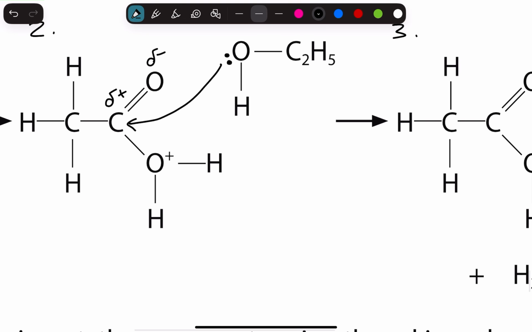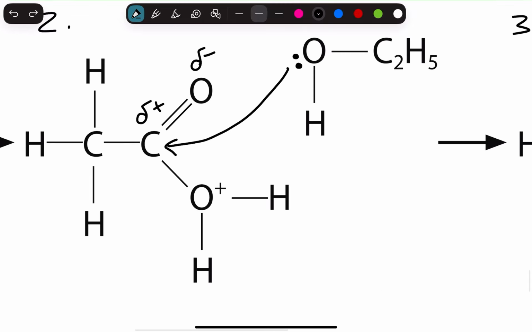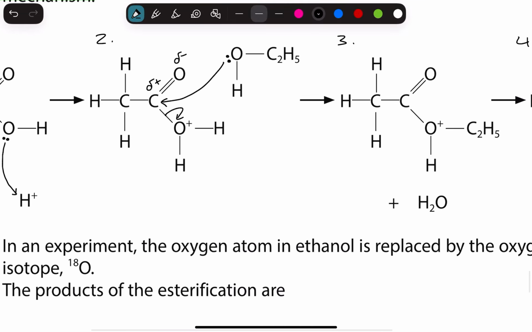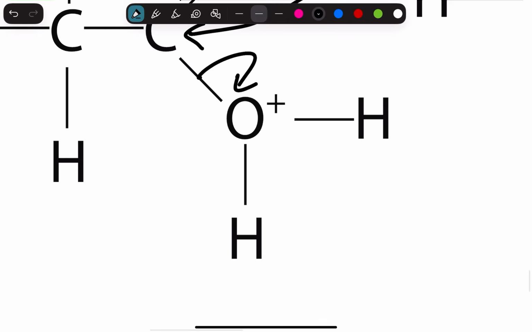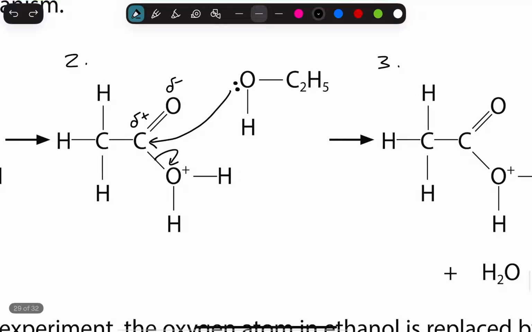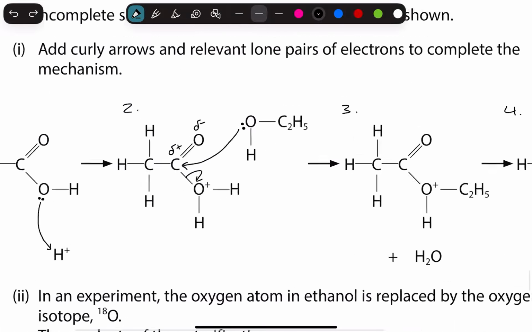And then, of course, this group here has to break this carbon to oxygen bond in order to form this water molecule. So we can directly say that the bond goes into the oxygen, and you can also reinforce that because this oxygen is positive, which means it needs some form of electrons to feed into it in order to make that charge neutral. So that's another bit of evidence that we can use to show that that's right. And that's the second step.